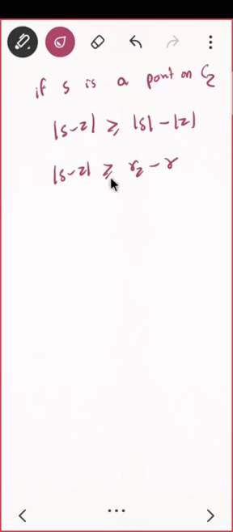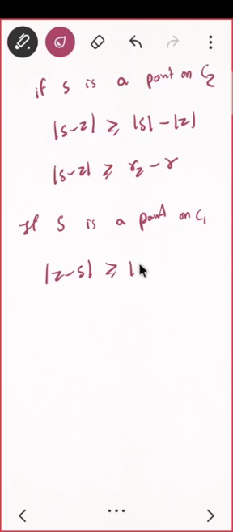Okay, and if s is a point on c1, then I will have mod of z minus s greater than or equal to mod z minus mod s, so that is greater than or equal to r minus r1.